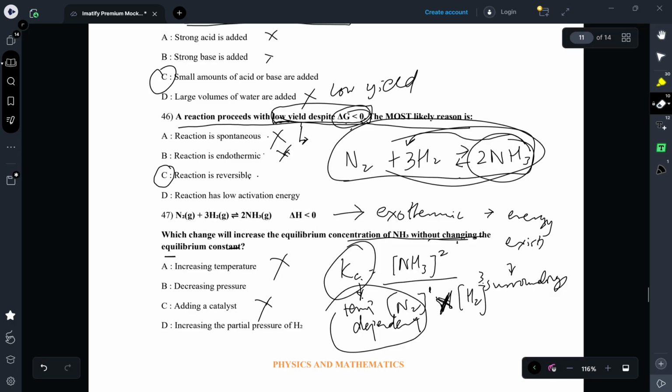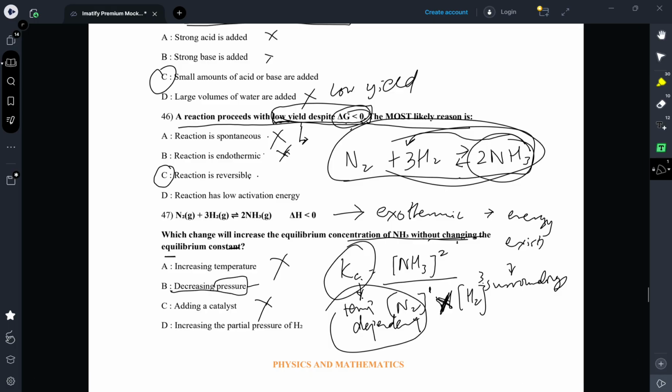You must remember how many moles of gases are there. When we talk about pressure, it is only in the case of gases, and we can see all of these are gases. So how many moles of gases are on the left hand side and on the right hand side? On the left hand side we have one mole of N2 and 3 moles of H2, so in total 4 moles of gas, and on the right hand side we have 2 moles of gas.